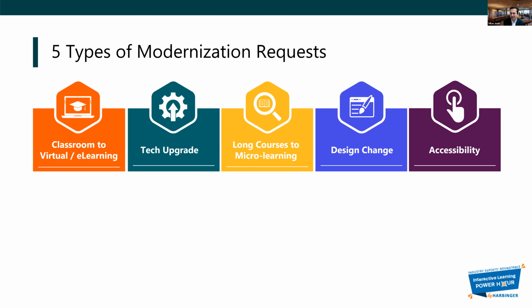Go from one authoring tool to another, or one learning management system to another, or Flash shutdown, so we need to move to another technology. Those would be the examples of technology upgrade. Long courses to microlearning: there's clearly this movement toward short chunks of learning bites, and taking large volumes of content and splitting it into microlearning modules is another driver.